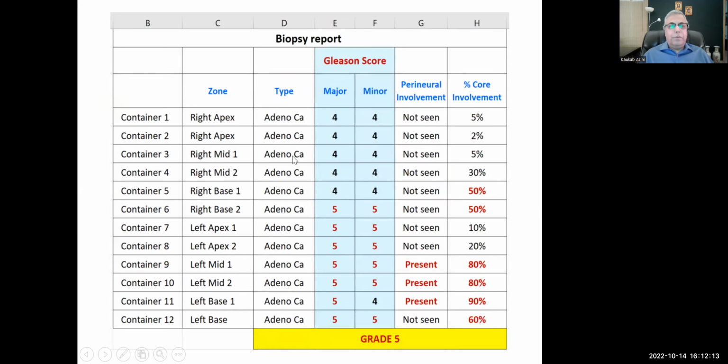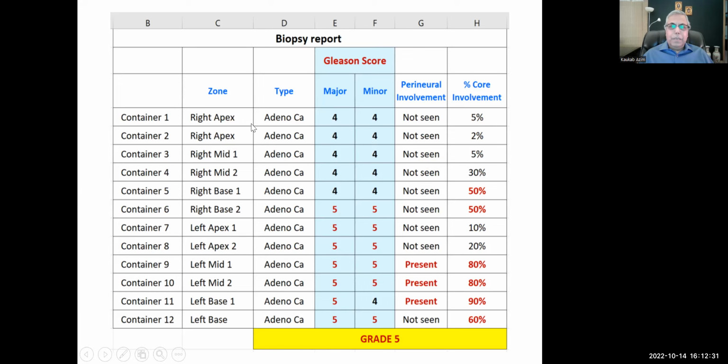And this is what he found, all were adenocarcinomas. And this was the percentage of core involvement, the percentage of cancer cells that he found in those cores. But see, all of them are quite advanced.